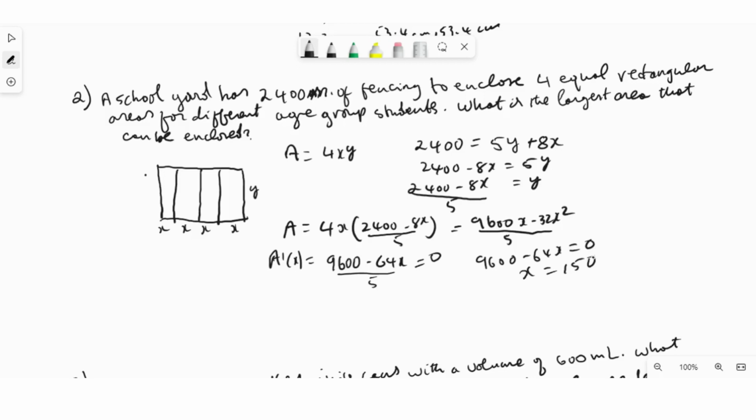So now, what is the maximum area? I have found x, I have to find y. So from this one here, y will be (2400 minus 8 times 150) over 5, which is equal to 240. Therefore, what are my dimensions? My dimensions will be 4x this side and y this side.